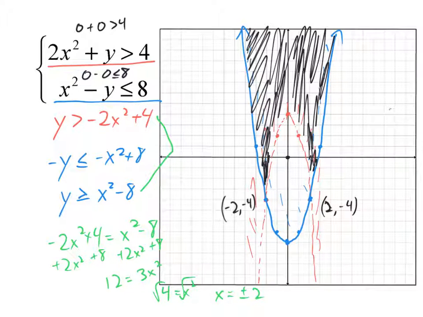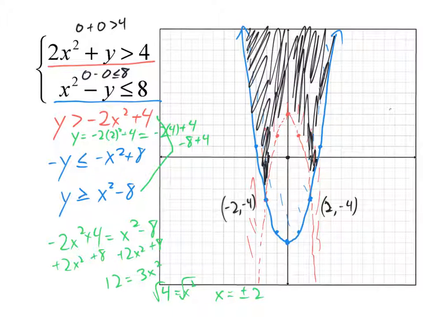And then I can take the plus or minus 2 and put it back into any one of these. So if I plug a 2 into here, I get y, and since they're intersections, y is now equal to negative 2 times 2 squared plus 4. 2 squared is 4 times negative 2. So negative 2 times 4 plus 4. That gives me negative 8 plus 4.